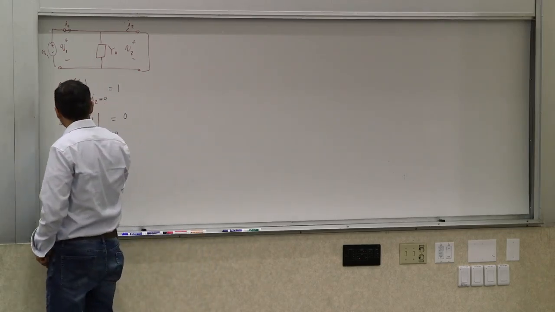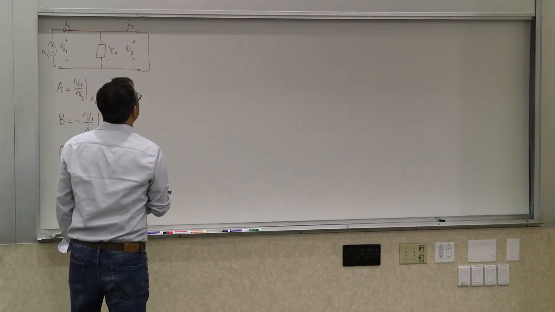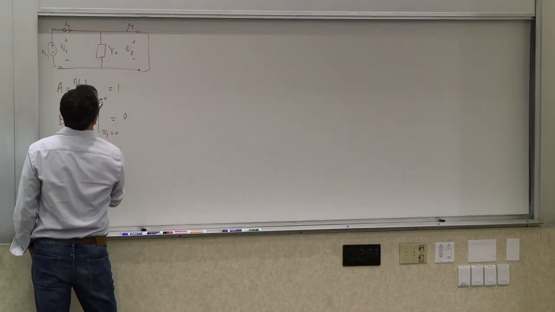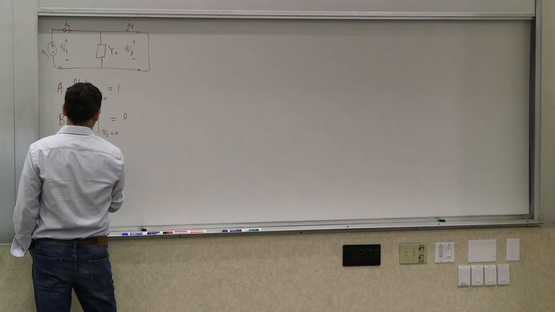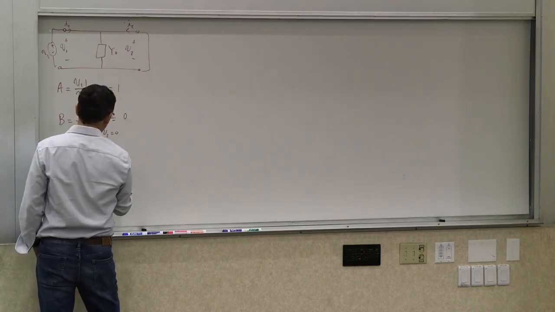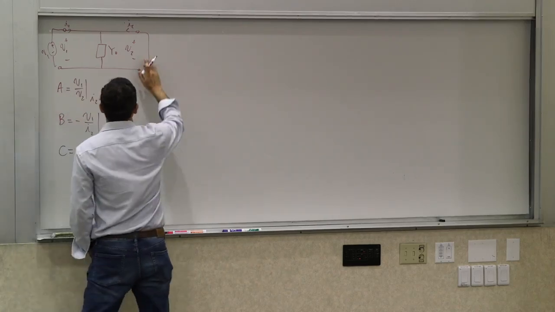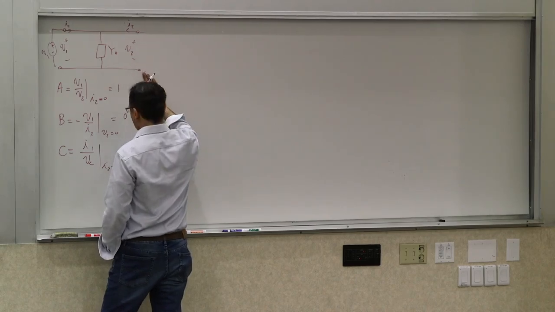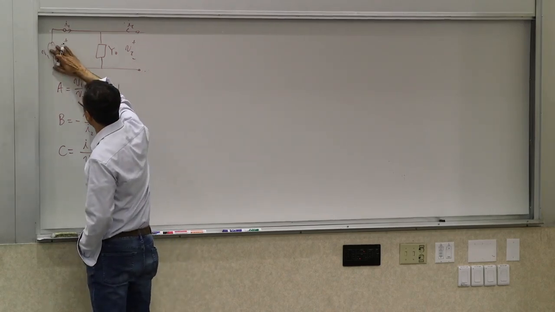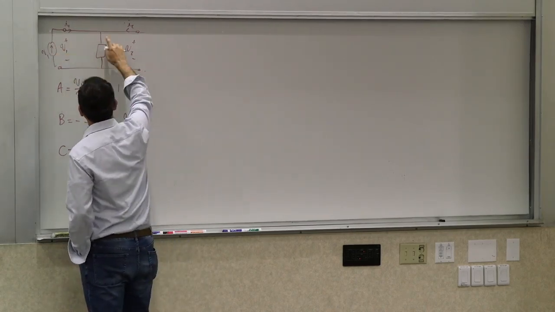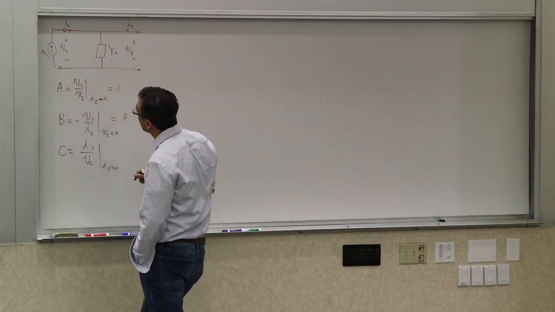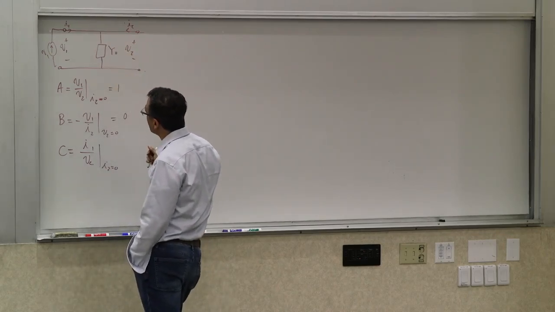Now, if you go to the C parameter, it is defined by I1 over V2 when I2 is 0, which basically means that you now have an open circuit on the other side. You apply an I1, and you want to measure the voltage across here. So if you apply I1 and you measure that voltage, what do you see?